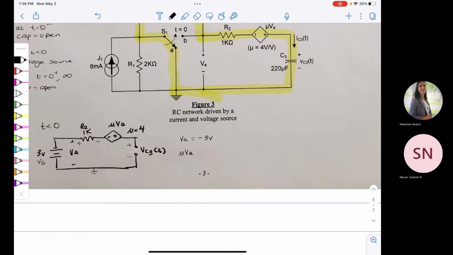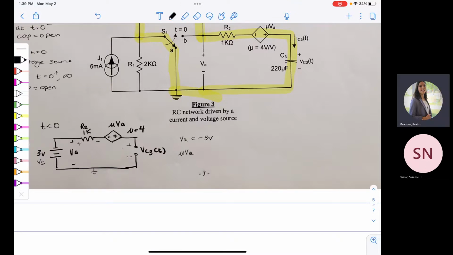Okay. Weird, but okay. Wait, actually, hold on. Are we going to have a voltage across that resistor? Yeah, so this doesn't even matter.